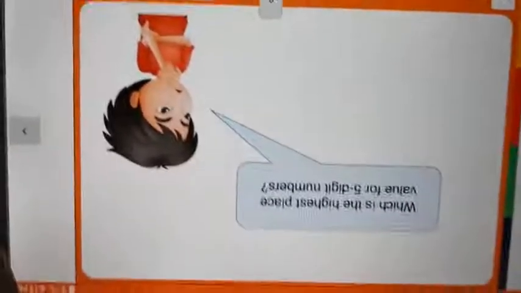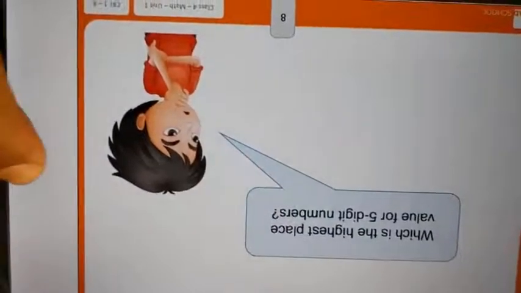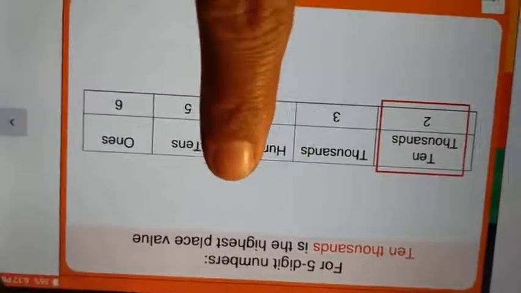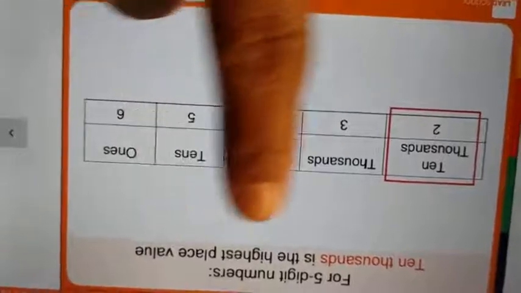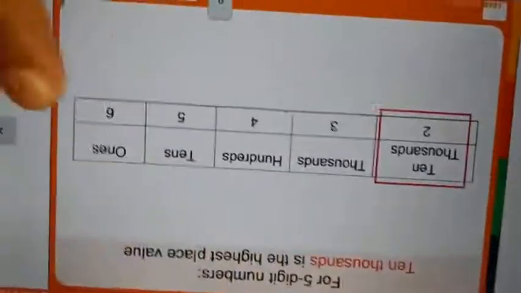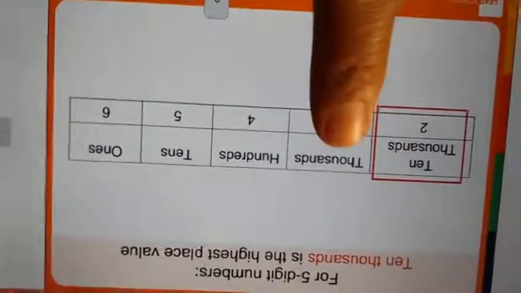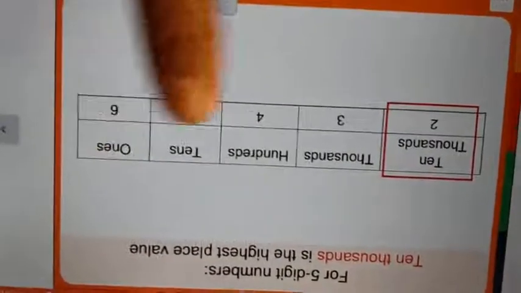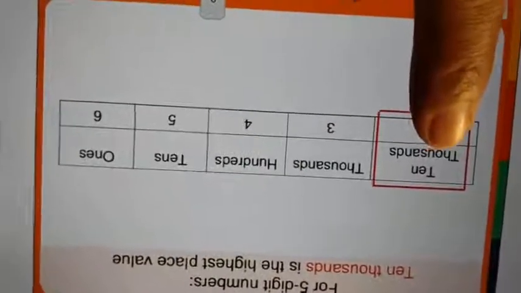Now next, which is the highest place value for a 5-digit number? For a 5-digit number, 10,000 is the highest place value. We have to write like that: 1s, 10s, 100, 1,000, 10,000.